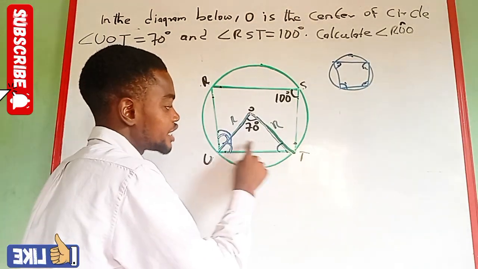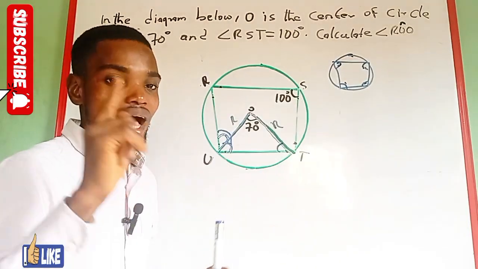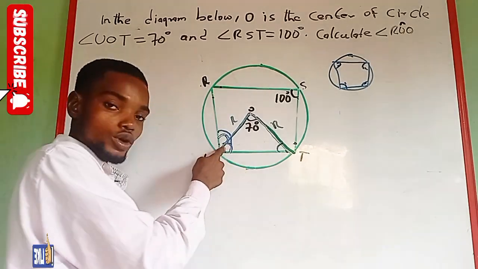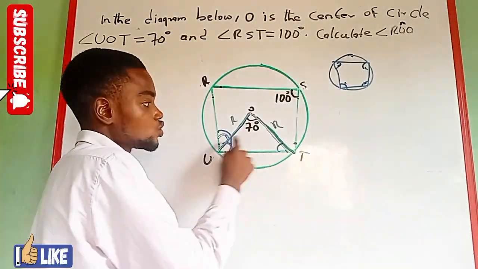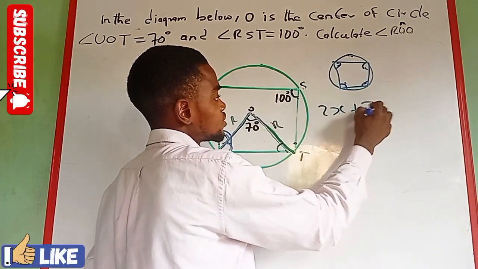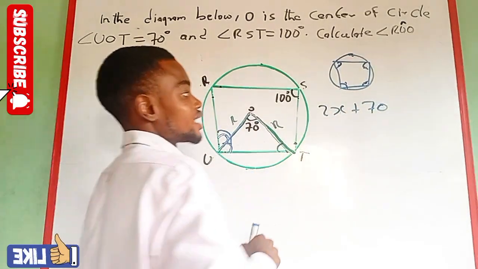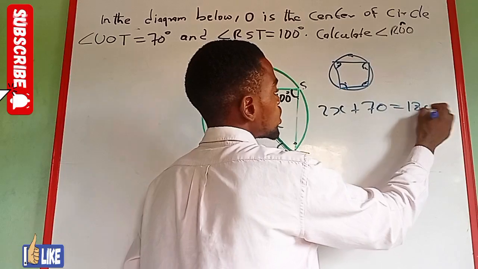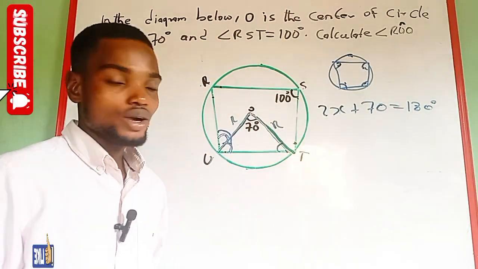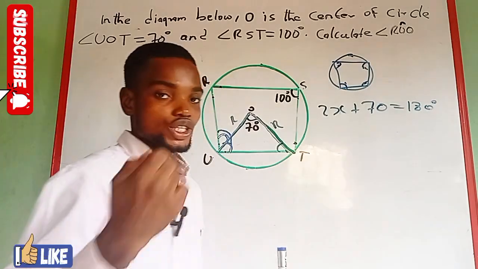If here is S, here is going to be S. If this is S and S, we can just call the sum 2S. We add it to 70, which is still on the triangle, and it is going to be equal to what? 180 degrees, because the sum of the angles of a triangle is 180 degrees.